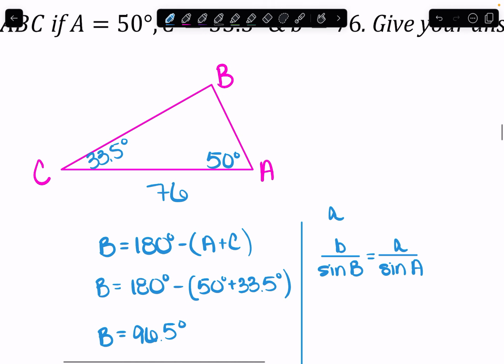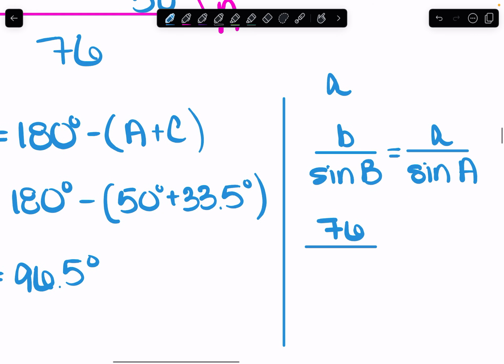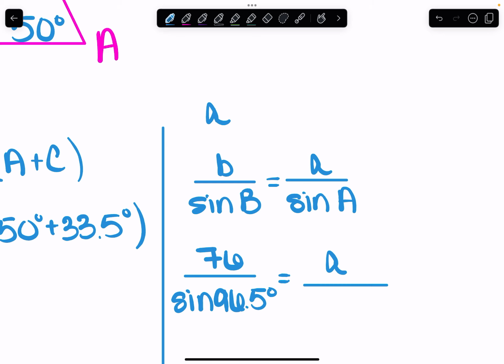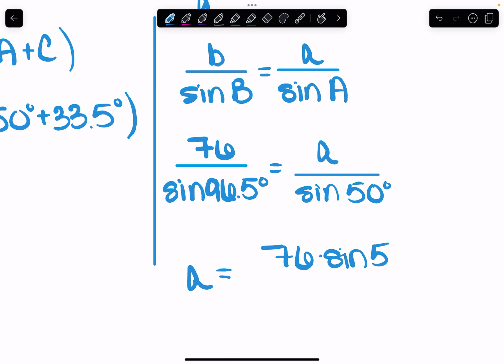So then we go plug in. Side B is 76. Angle B is what we just found, 96.5. And then side A is what we're looking for over the sine of angle A, which was 50 degrees. So side A is going to be 76 times the sine of 50 degrees divided by sine 96.5 degrees.